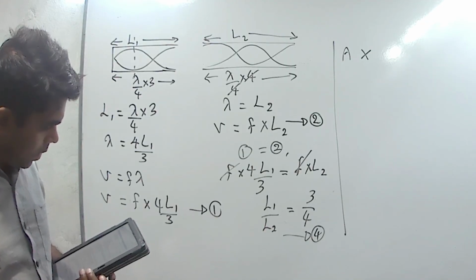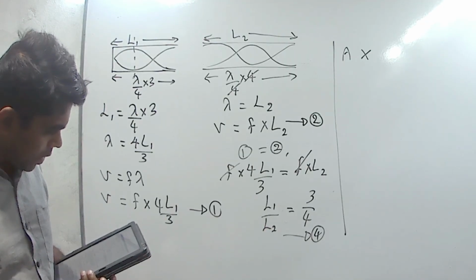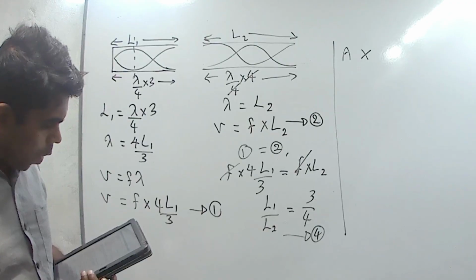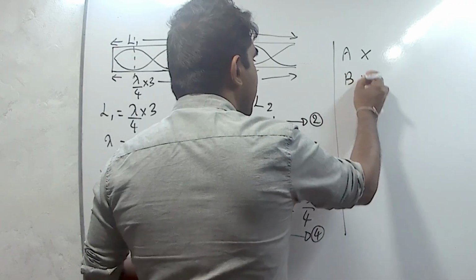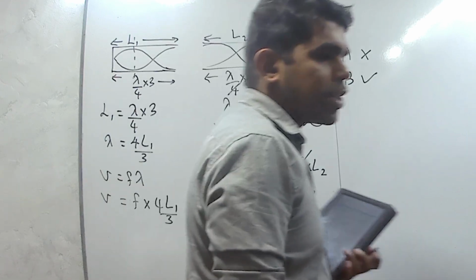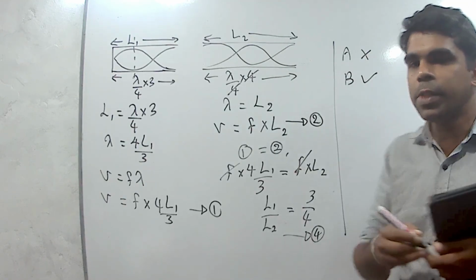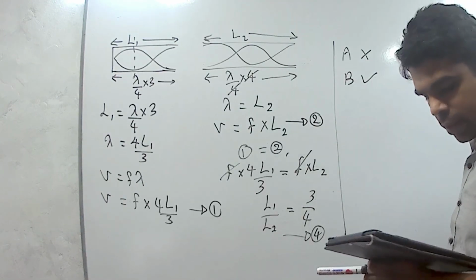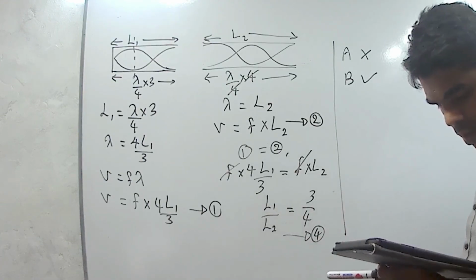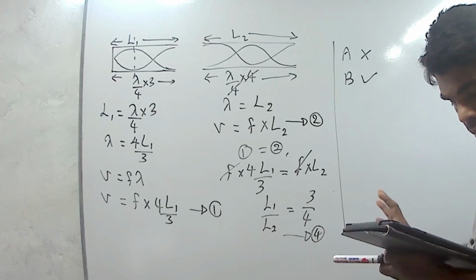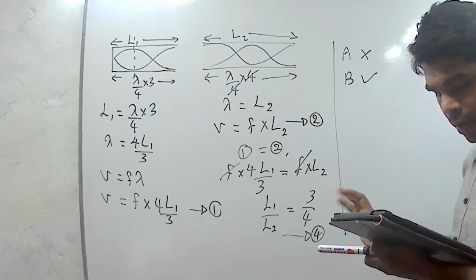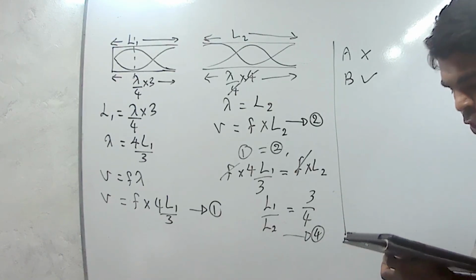Then part B, the maximum air pressure occurs at the closed end of the tube. Yes, it is correct. We know that at the closed end, pressure should be maximum, displacement should be minimum. Displacement should be 0. Then C, the wavelength of the air column changes with humidity.